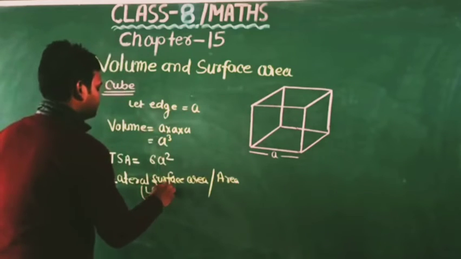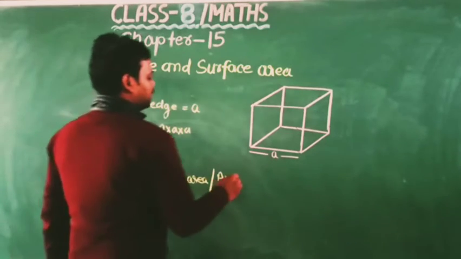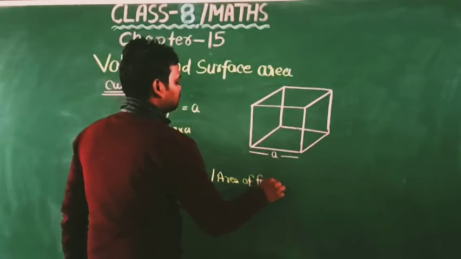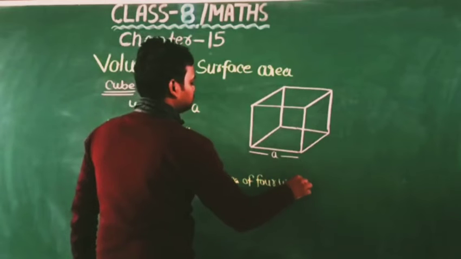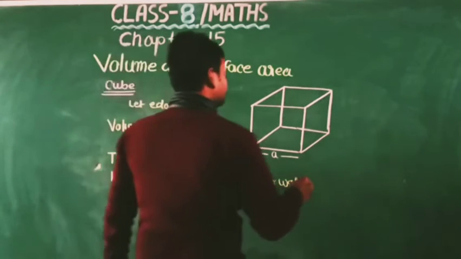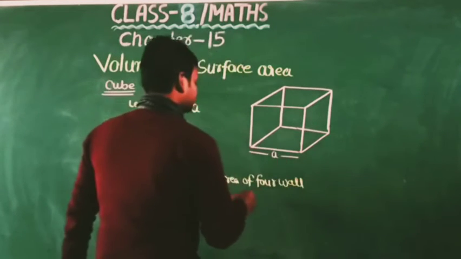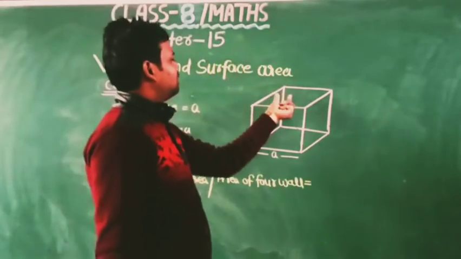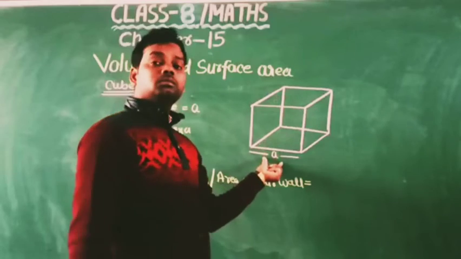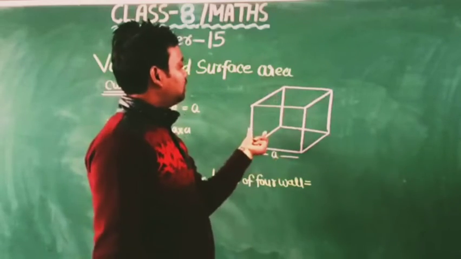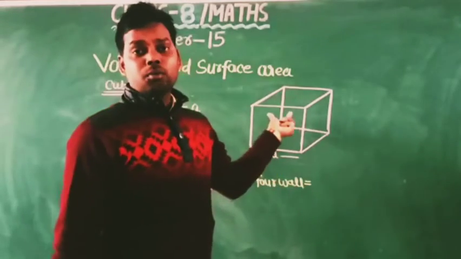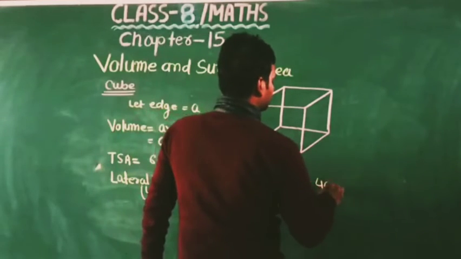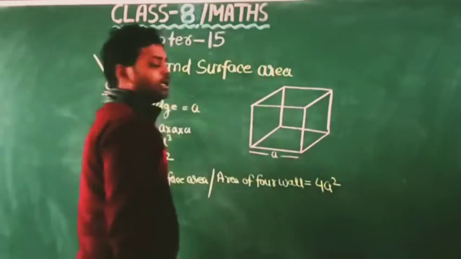Okay, lateral surface area is what we call LSA, or area of four wall equal to, area of four wall means leaving top and bottom area. Okay, so the remaining 4 faces are left, so this is 4A square.